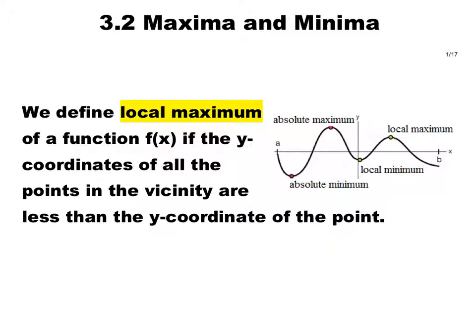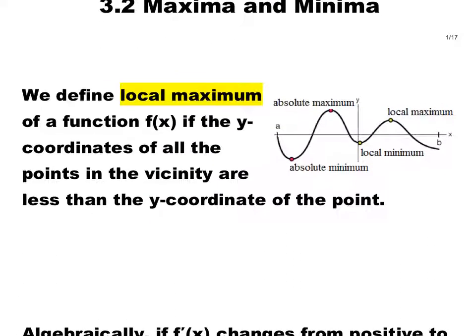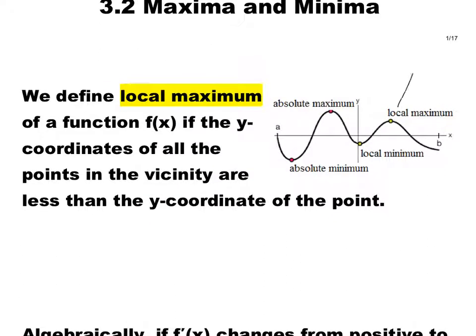Algebraically, how are we going to find the local maximum? It's a very simple process. If you look at this local maximum here, you can see that f prime of x, which is the first derivative representing the slope, is positive here, then it becomes 0 on the top, and then it becomes negative.